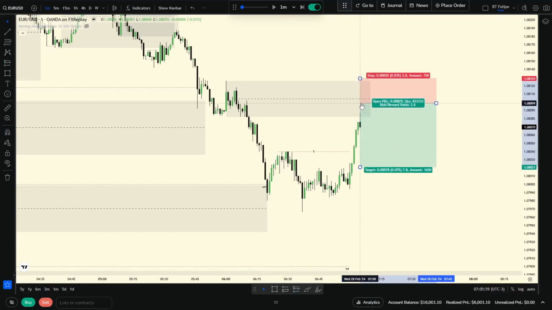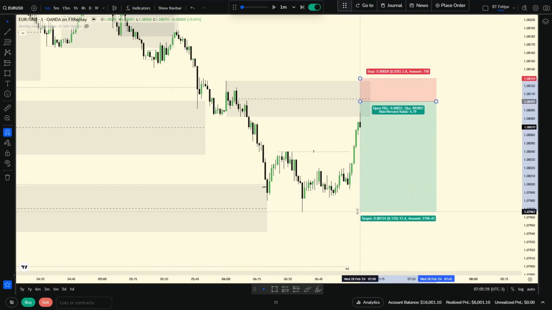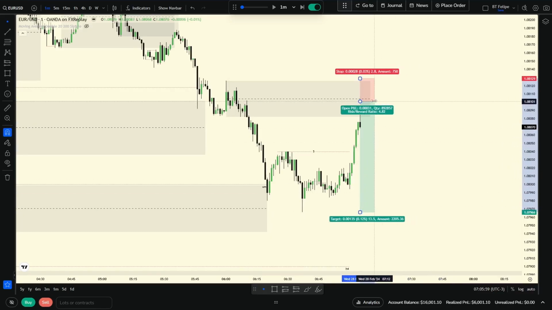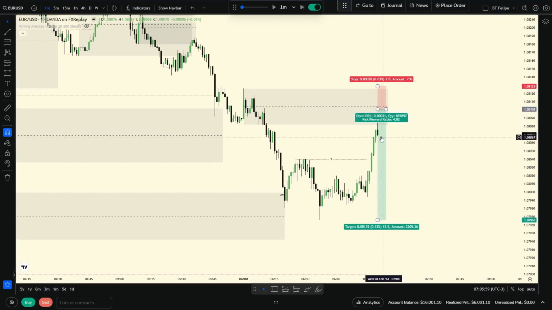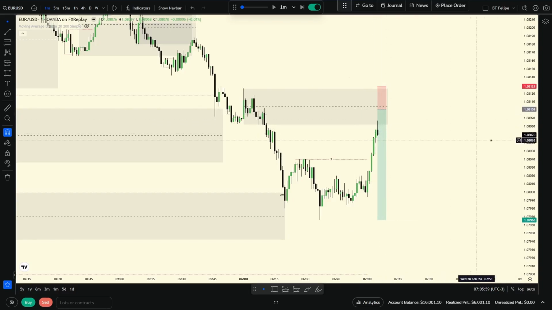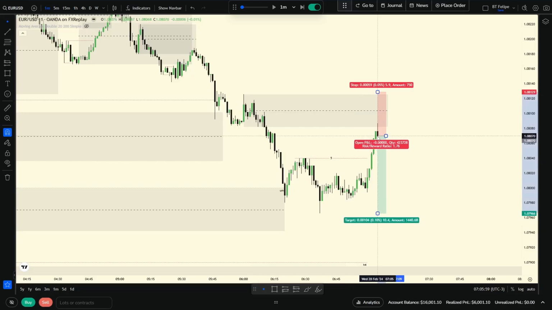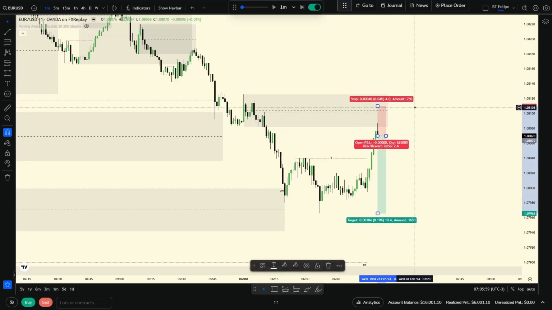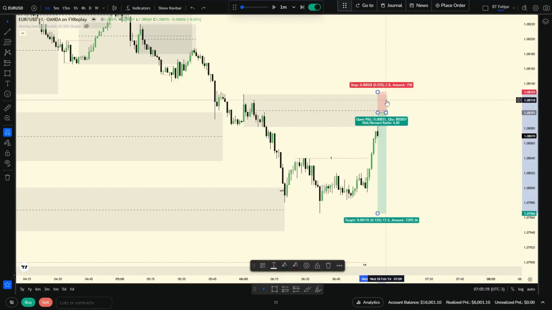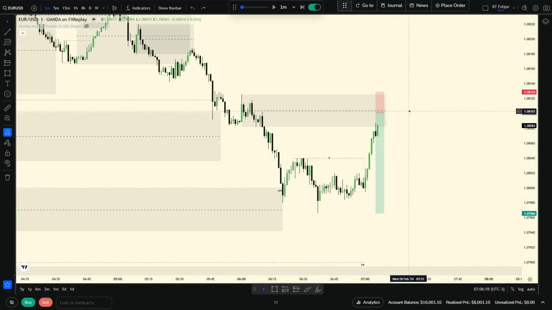Then switch. Maybe if price comes up in here I can short. I could do it like this as well, but I want to put my stop loss above the POI.